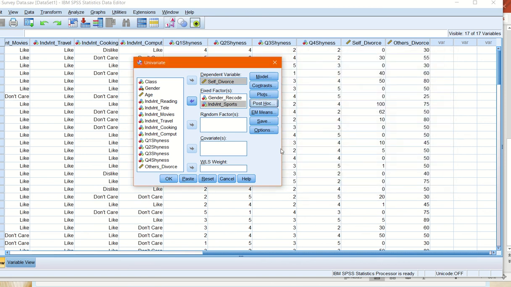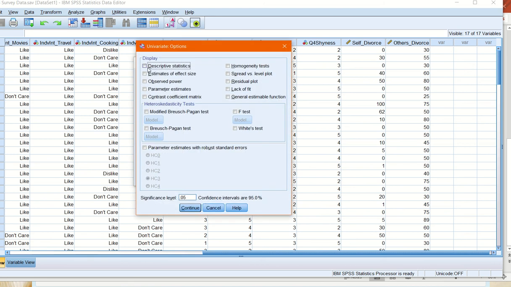and then continue. And then lastly, select options, and we're going to select descriptive statistics, homogeneity of tests, and then estimates of effect size.